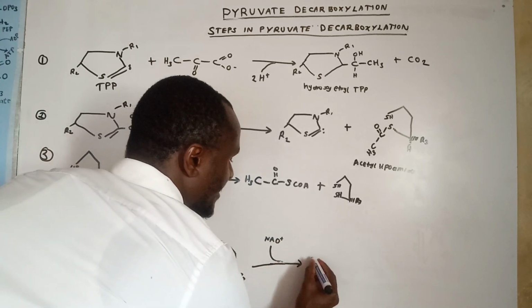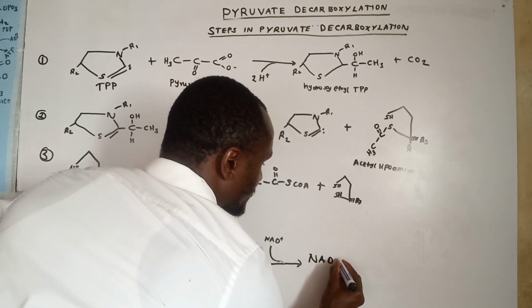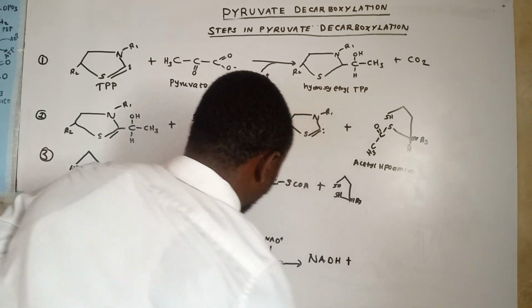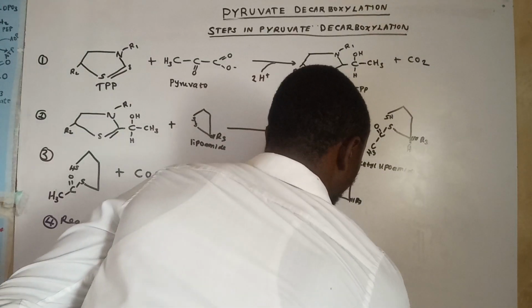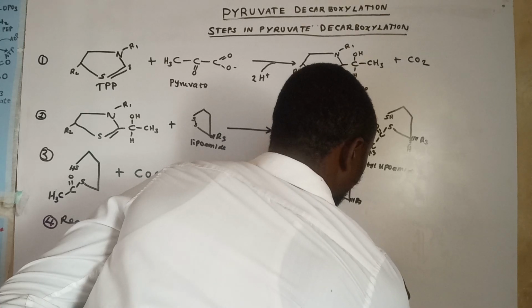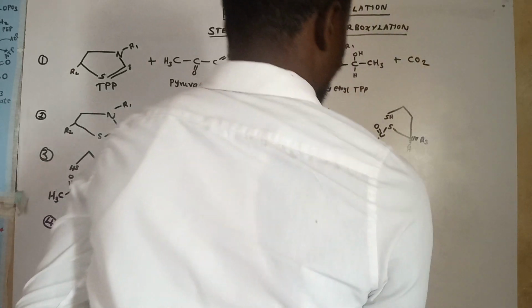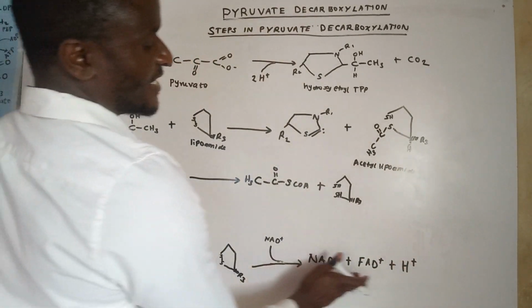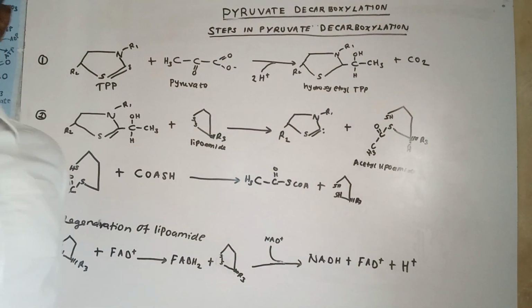This forms NADH plus our FAD plus our hydrogen ions. So these molecules are very important as they are used in the electron transport chain. Thank you.